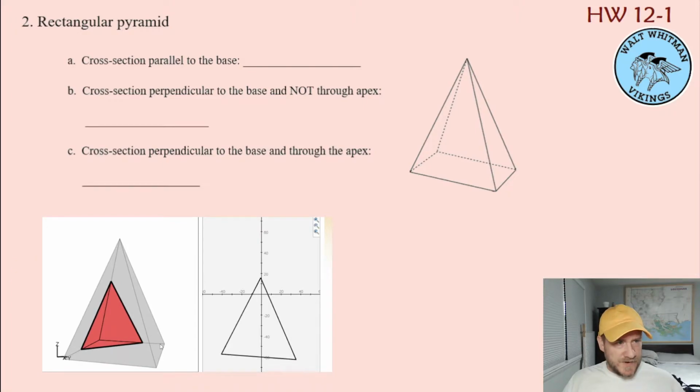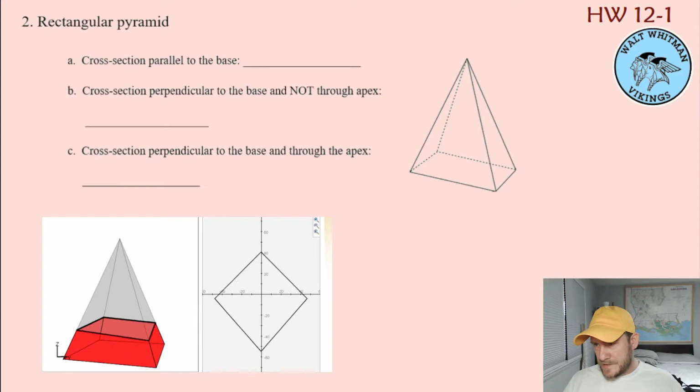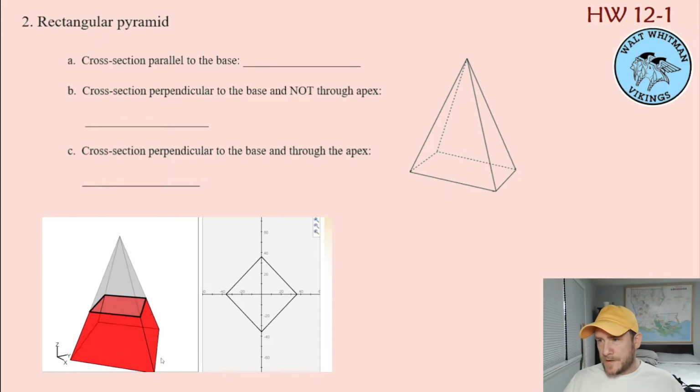So the first question again is, what if you're parallel to the base? So we change our angle, and right there I'd say I'm parallel. And as I slide up, as I slide down, you guys see that we're always getting a square. And more generally, what we're really getting is a shape that is similar to the base, right?